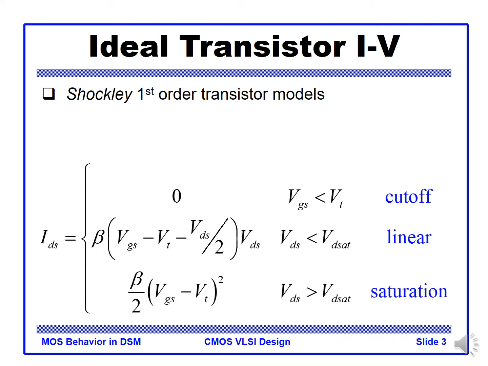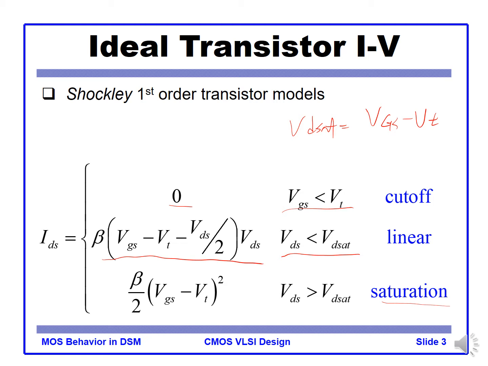So first, we learned the Shockley first order transistor model like this. In cutoff, for VGS less than threshold, it is zero current. For VDS less than VDSAT, here VDSAT we define by VGS minus VT, the current will be governed by the linear equation.